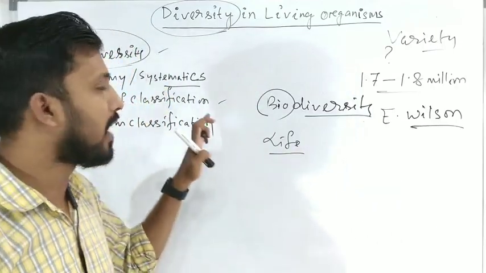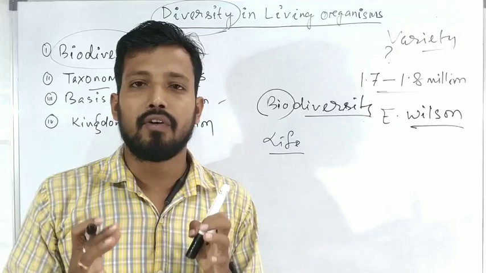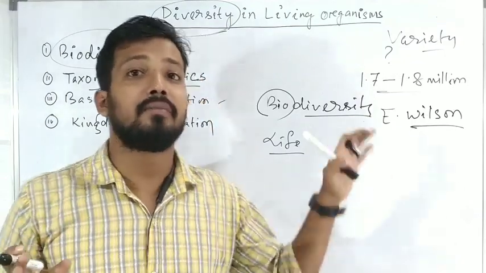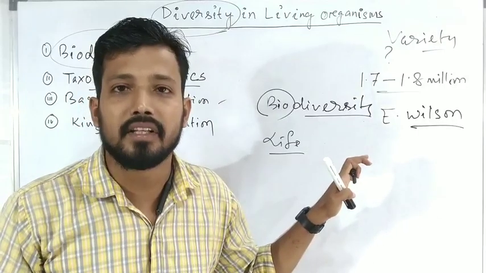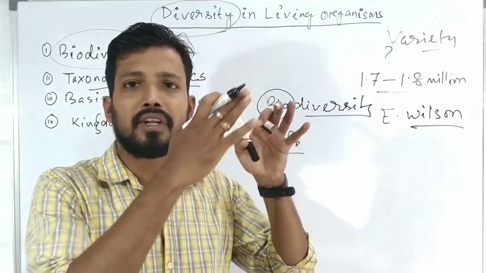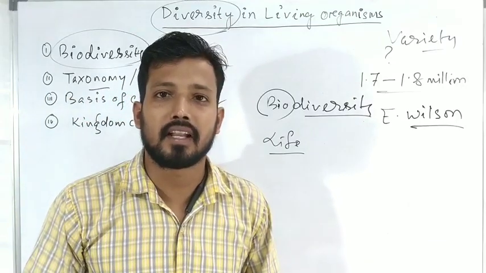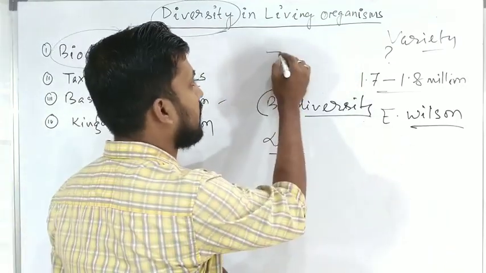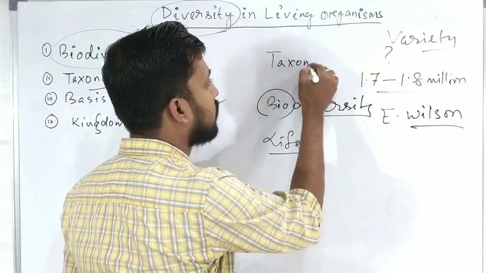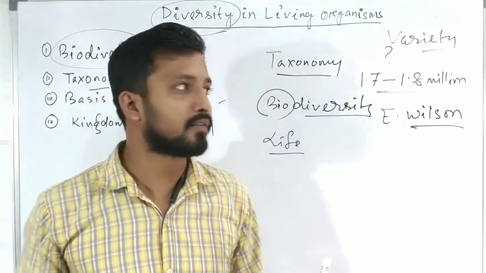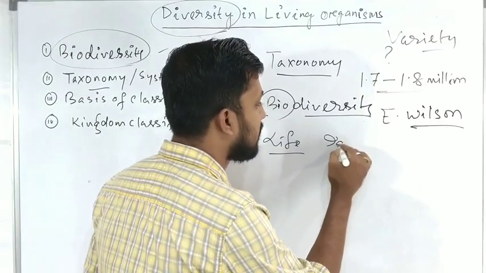That is the branch of science which deals with the systematic classification of all living organisms for our convenience, so that we can easily study or explore these types of living organisms, and that branch is known as taxonomy. It is a branch of science which deals with identification.